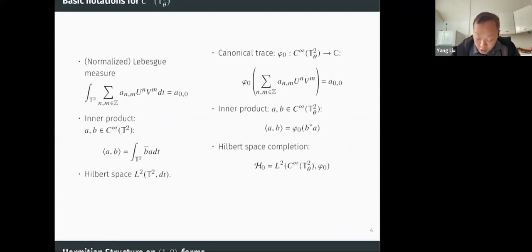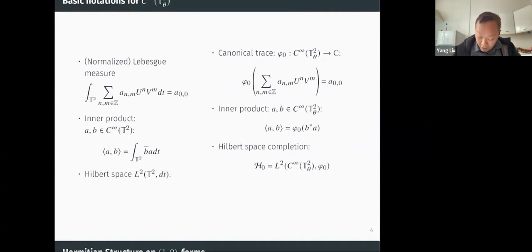The notion of integration corresponds to a functional, trace or weight on the algebra. For the Lebesgue measure, it corresponds to the canonical trace on non-commutative tori. In a Fourier expansion, this integration just grabs the constant coefficient a_{0,0}.